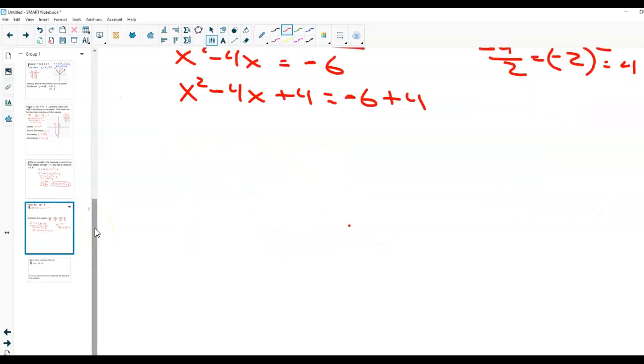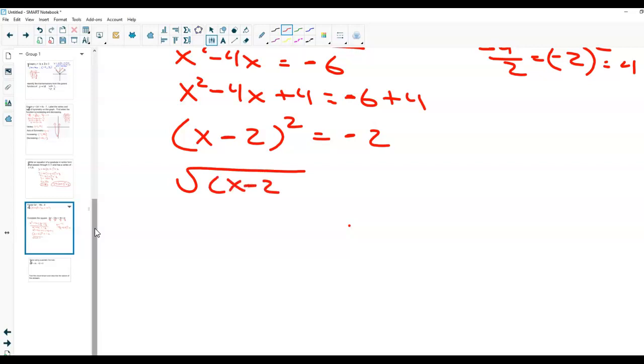And then we factor the left side. And it will always factor to a binomial squared. In fact, you can always put half the middle term with its sign. Over here, I clean up negative 6 plus 4, which is negative 2. Then we take the square root of both sides. Which in this case is square root of negative 2.